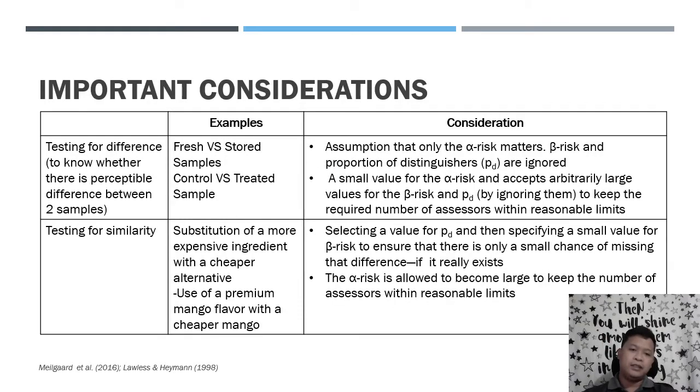Okay, so again, depending on whether you're testing for similarity or difference, then an alpha risk or beta risk would matter more. But nonetheless, to simplify things, there would be rules of thumb for the required number of assessors.